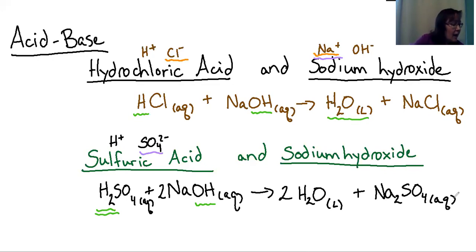Let's take a look now at a problem that looks at the concept of a titration. Now what a titration does is take a quantity in like a small beaker or an Erlenmeyer flask and another quantity in a burette.